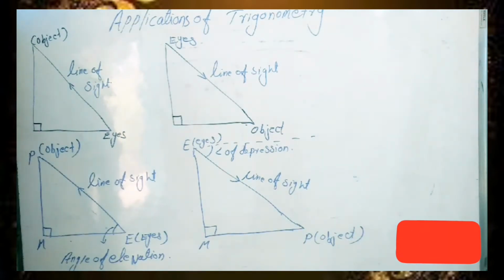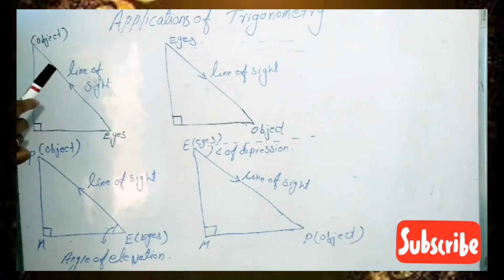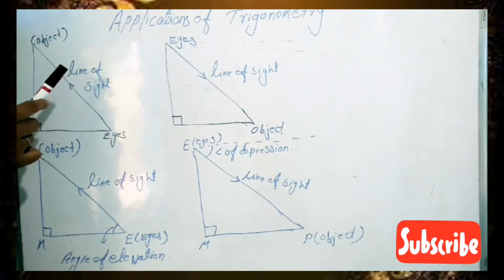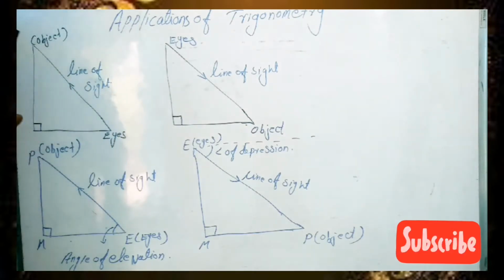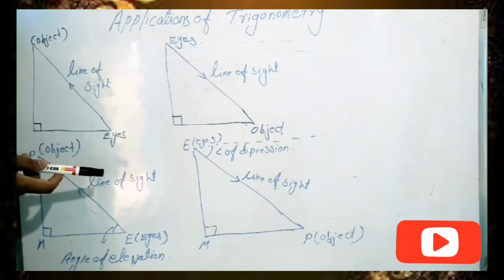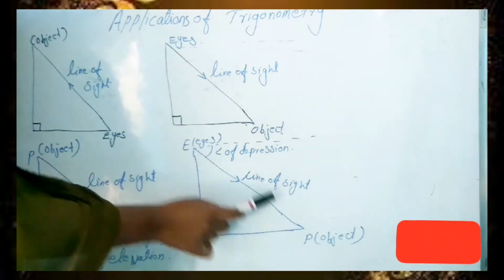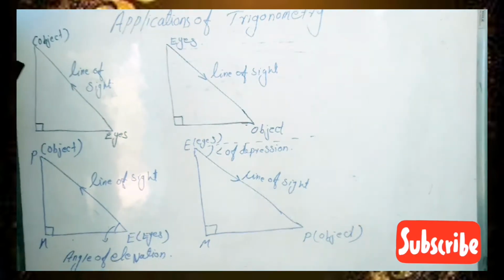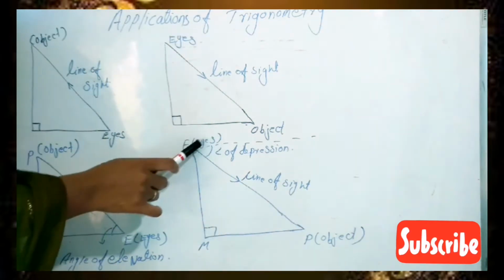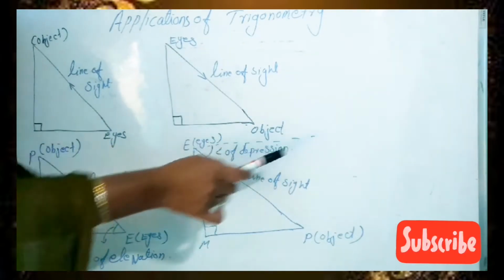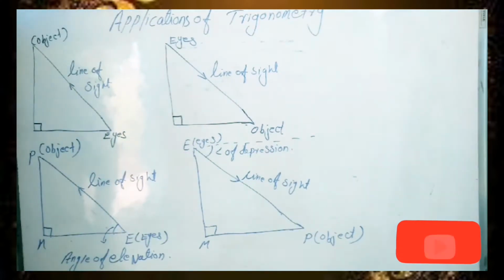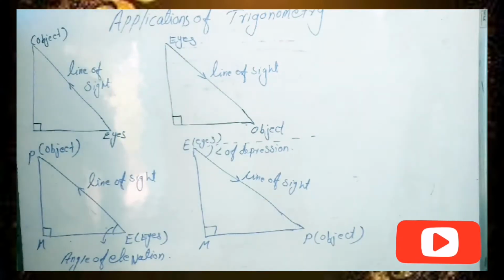Angle of depression. If the object viewed is below the horizontal level, then the angle between the line of sight and the horizontal line through the eye is called the angle of depression.